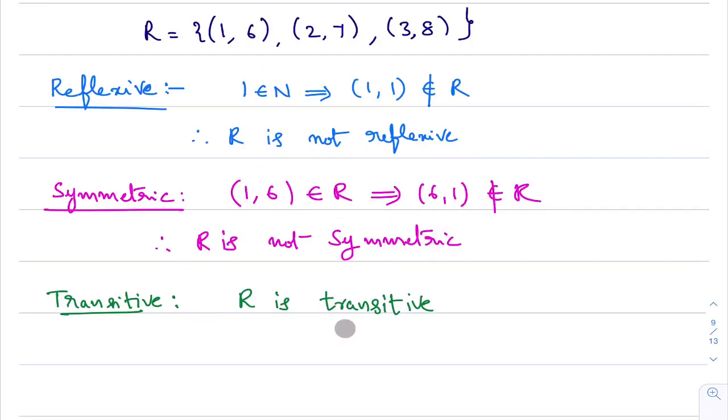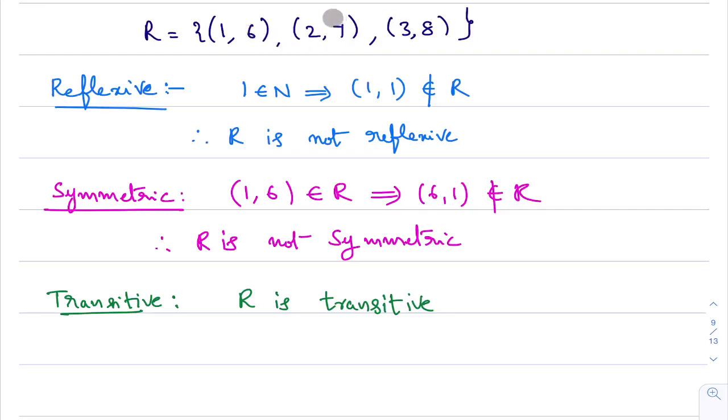Now about transitive. What is a transitive relation? You identify a pair of ordered pairs such that A comma B, B comma C. You see here 1 comma 6. Is there any other ordered pair that starts with 6? No. With this we are not finding A comma B, B comma C such type of ordered pair.